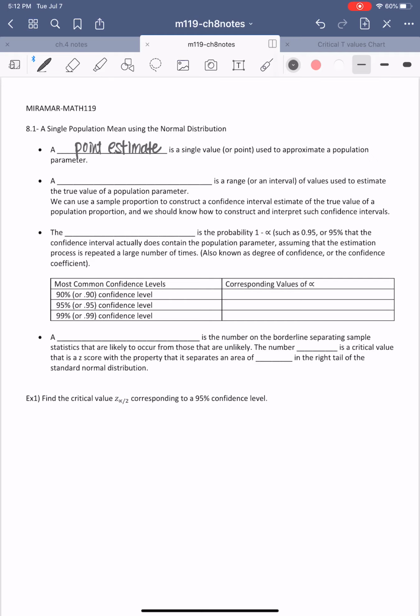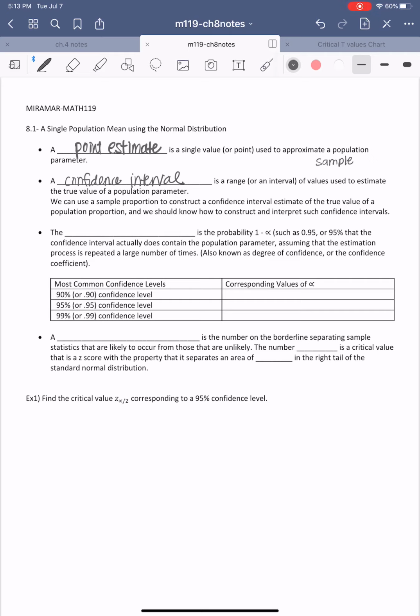A blank confidence interval is a range or interval of values used to estimate the true value of a population. So another word for point estimate is your sample value, like sample mean or sample proportion.